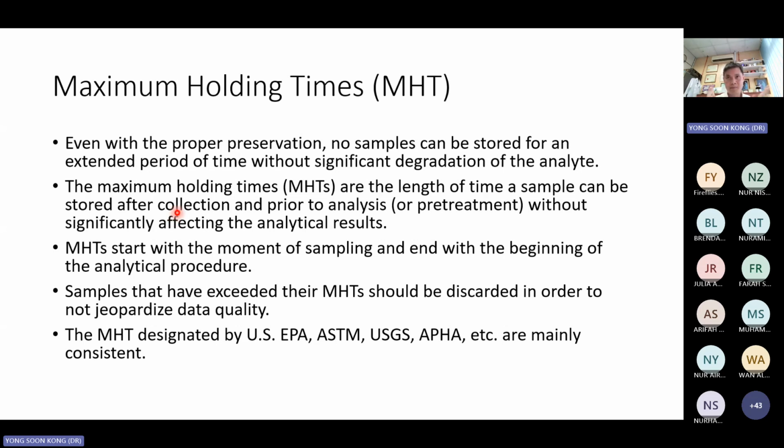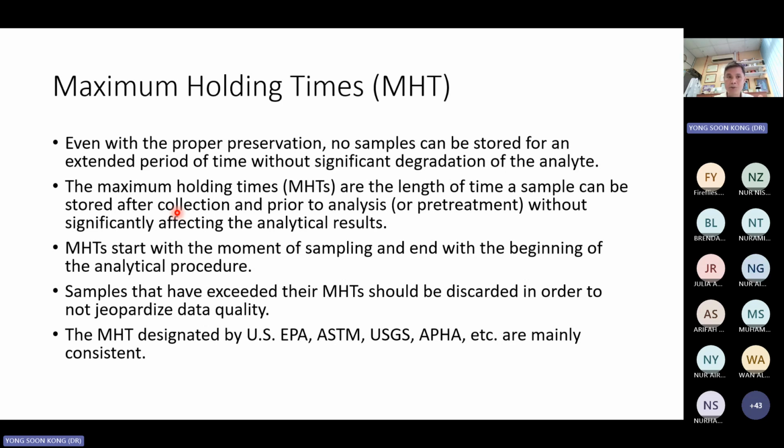Different analytes have different time frames. Some can last longer. For example, if you're talking about heavy metals, you can wait as long as you want with some conditions. But some analytes, like the organic compounds, the volatiles, especially those that are photosensitive, are sensitive to light. Whenever they receive sunlight, and sometimes even the light from indoor lighting, which emits UV, it will destroy your analyte.